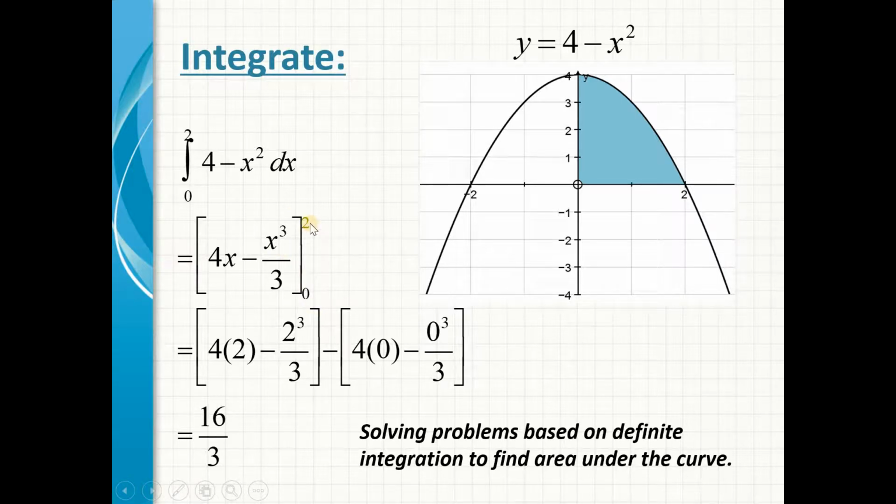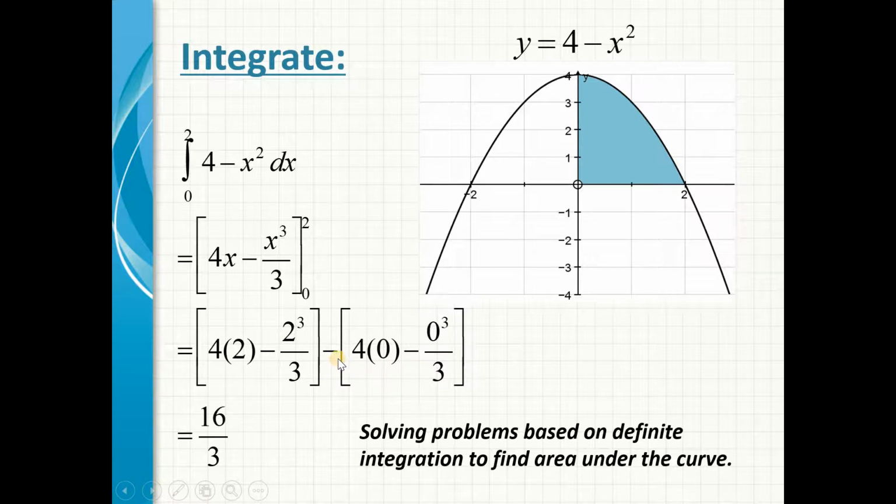Okay. The integration, our rate of change, is going to be the difference f(b) minus f(a). It means replace x here by 2, and in the next fraction replace x by 2. It's going to be 4 times 2 minus 2 power 3 over 3.